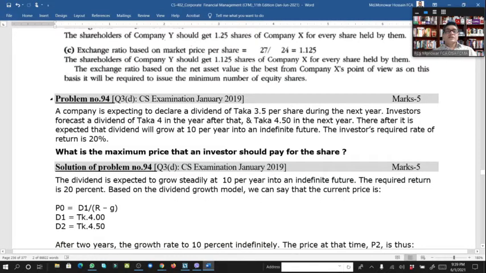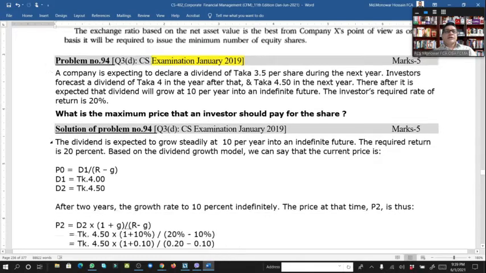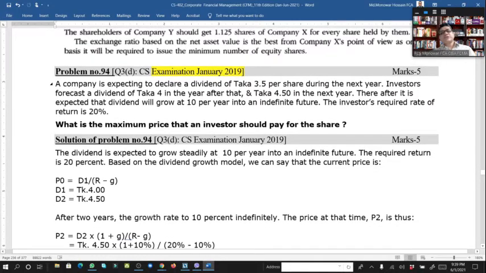And another, look here, CS exam January 19, 5 marks only, and very simple. A company is expecting to declare a dividend of taka 3.5 per share during the next year. Investors forecast a dividend of taka 4 in the year after that, and taka 4.5 in the next year.